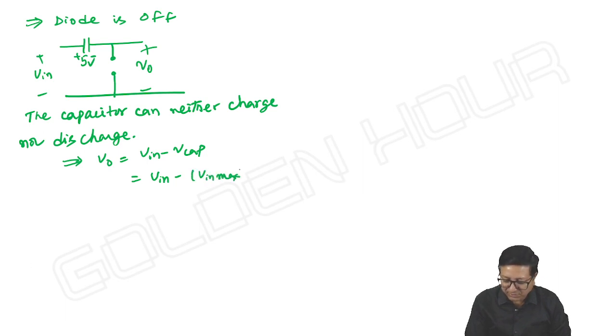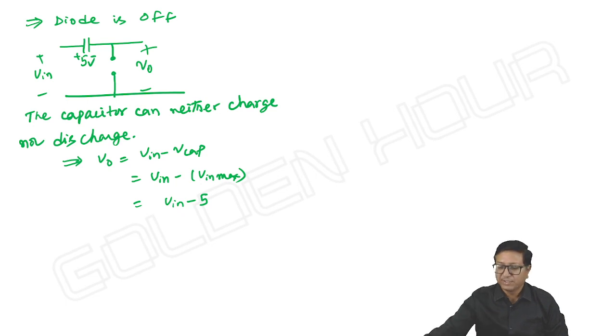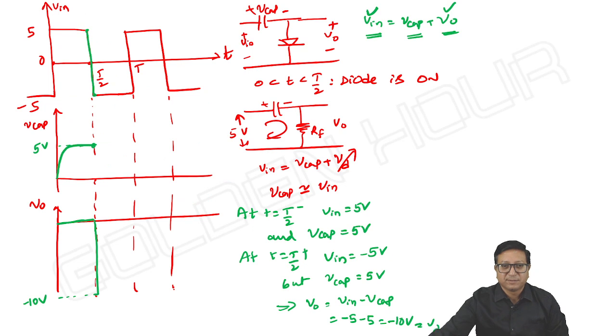The maximum value of input. In this example, anyway, V in minus 5. So that's what we can see here.